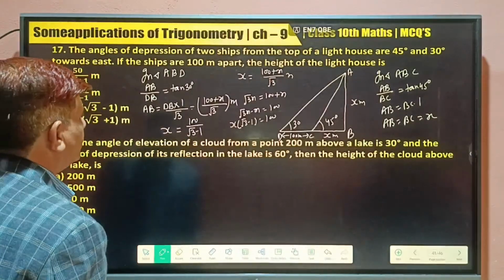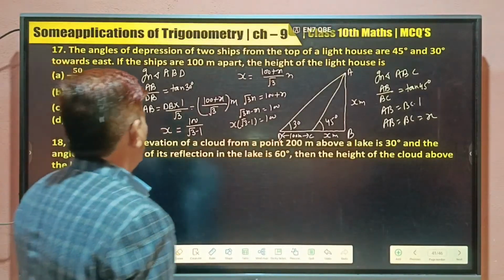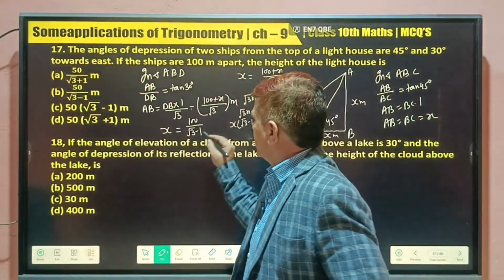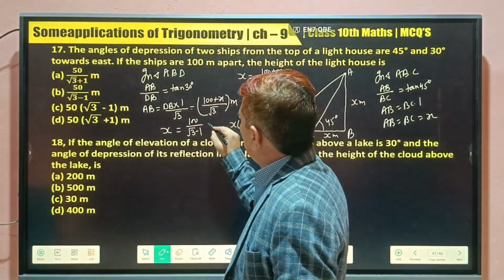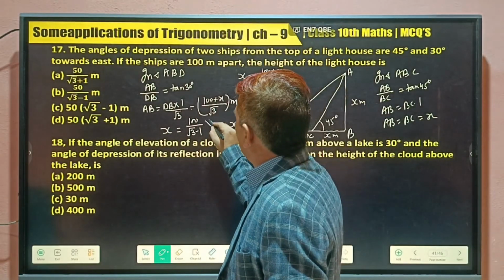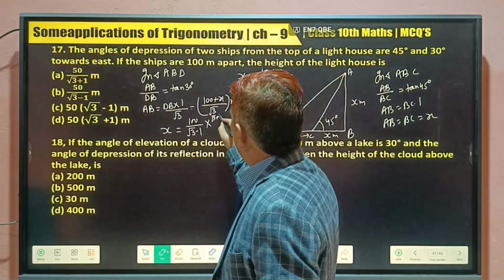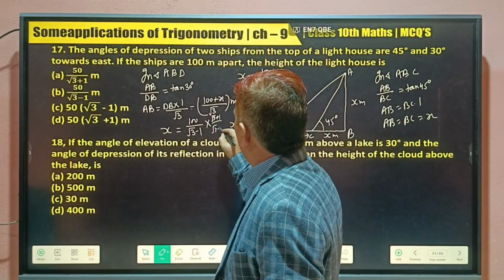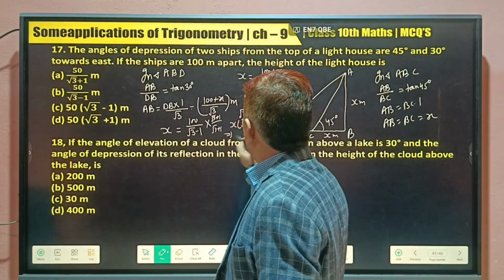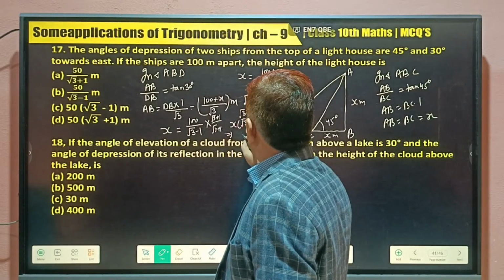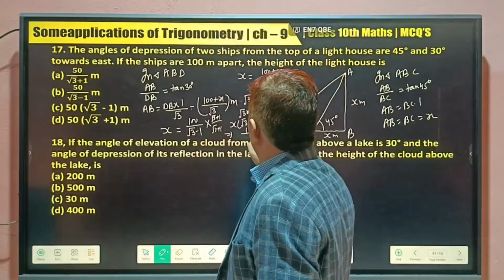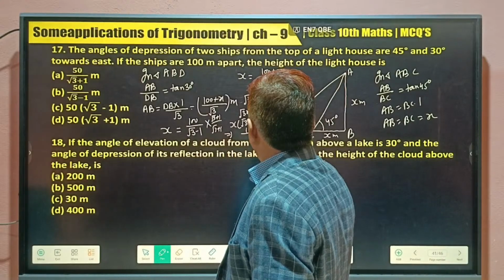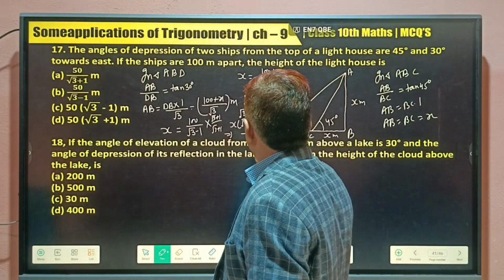Yes or no? But in answer not given, so rationalizing it. What's rationalizing it? Multiply by under root 3 plus 1, under root 3 plus 1. If you can solve this, 100 by under root 3 plus 1 by 3 minus 1.